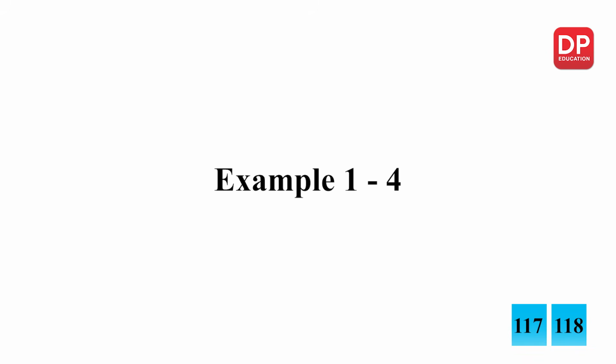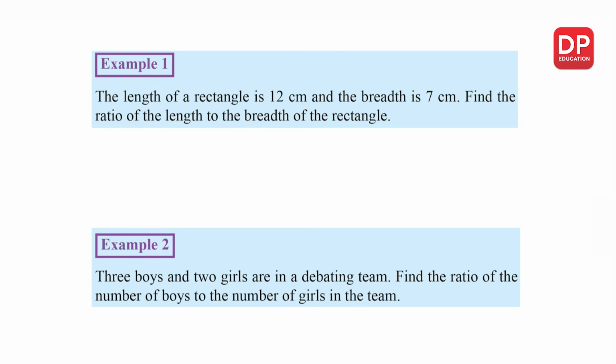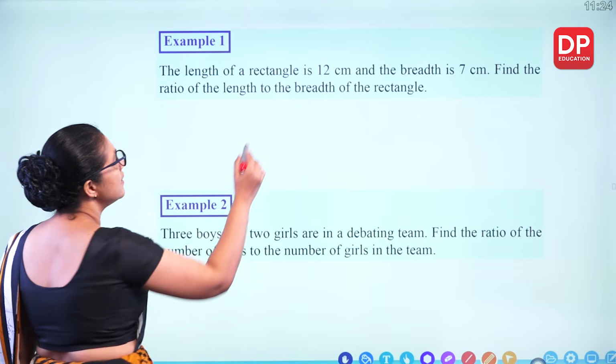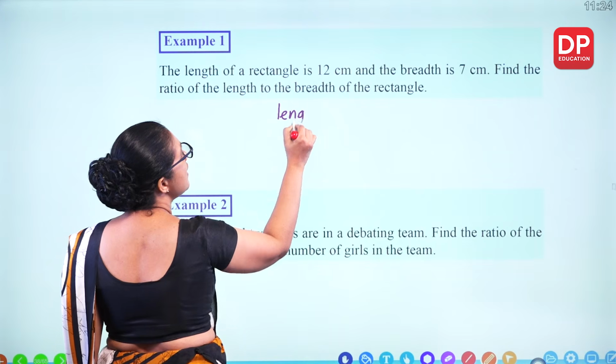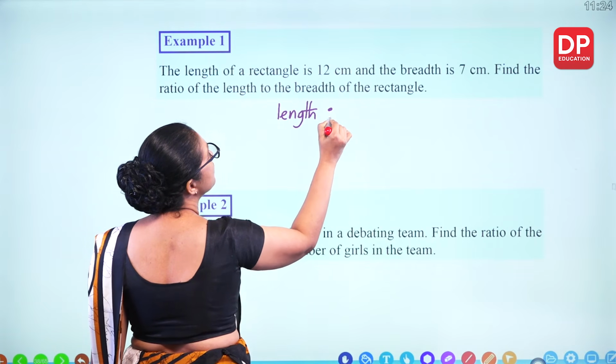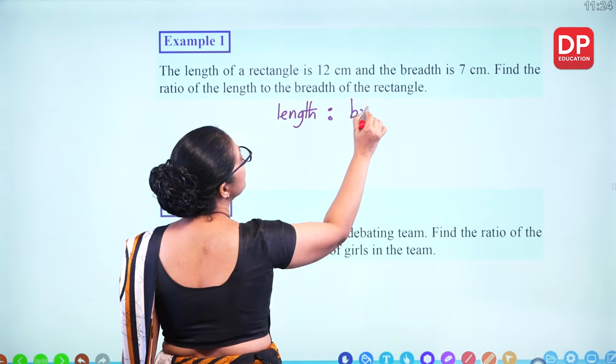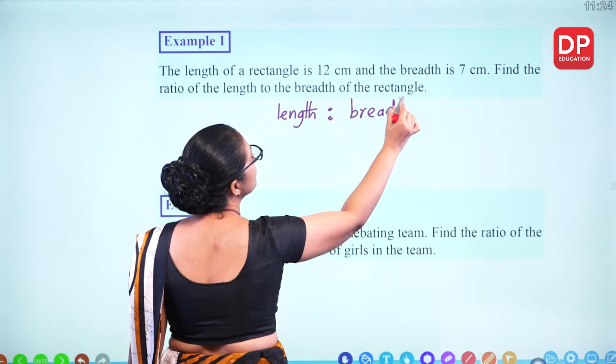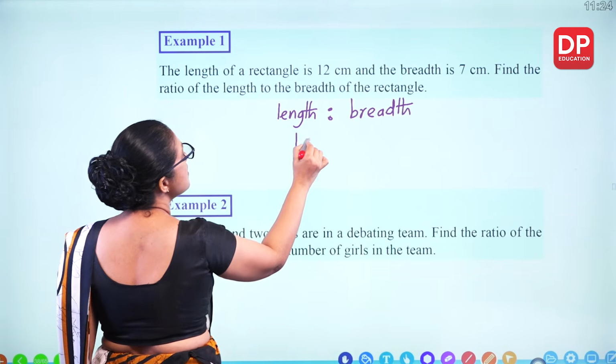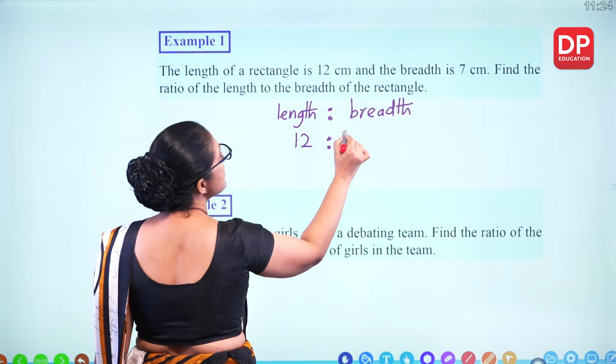Now we'll look at the exercises and examples in your textbook. Example number 1. The length of a rectangle is 12 centimeters and the breadth is 7 centimeters. Find the ratio of the length to the breadth of the rectangle. The ratio you need, length to breadth. 12 centimeters to 7 centimeters.